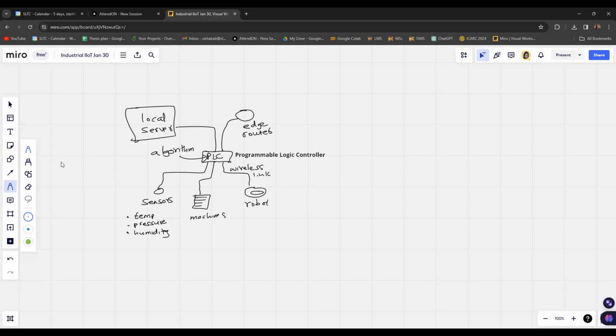So the PLC will be connected to the edge router as well. If required, it can directly send the data to the edge router, which will be connected to the internet basically. The internet consists of a collection of routers and switches, a wild combination of network components. So we will be sending the data to the internet.